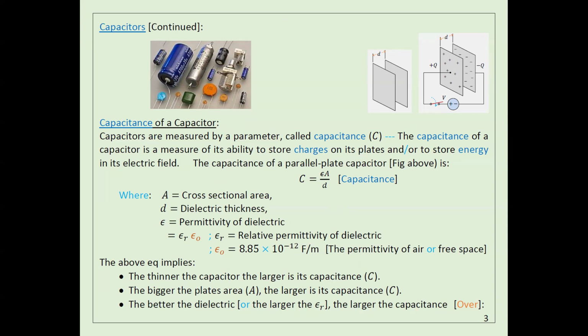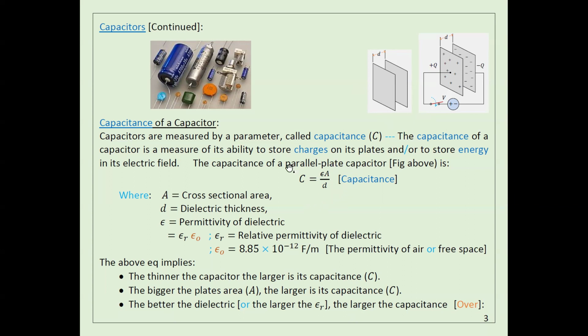The higher the capacity, that means it can store more charges, bigger space. Every capacitor has a parameter we call capacitance. This capacitance can tell how much energy and how many charges can be stored. Higher capacitance means it can store more charges, more energy.